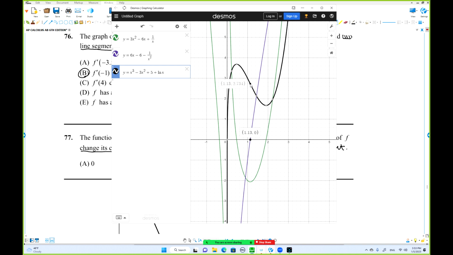To the right of this point, there's concave up. To the left of this point is concave down. Can you see that concave down over here? They're all concave down from here to here. Are you okay with this? But over here, this is 1.13, and to the right is concave up, right? So they're asking you to find the x value of the inflection point.